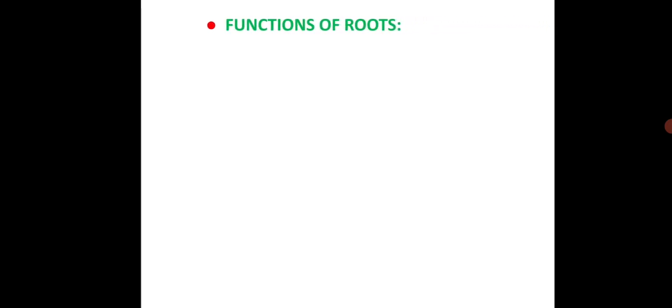Functions of roots. The main functions of roots are given below. Number 1 is fixation. Roots spread out into the soil and hold the plant firmly to the ground.